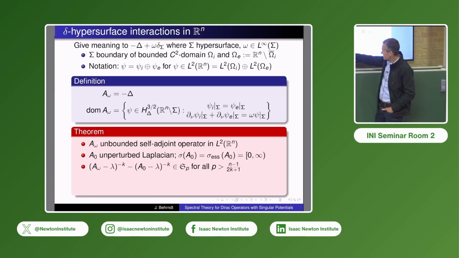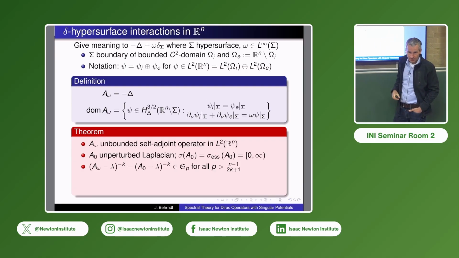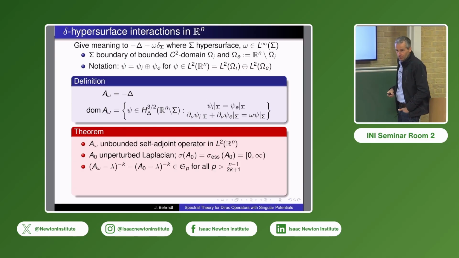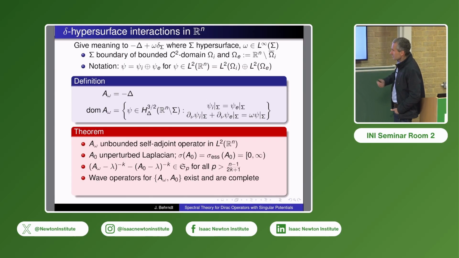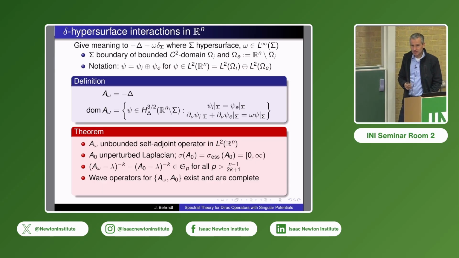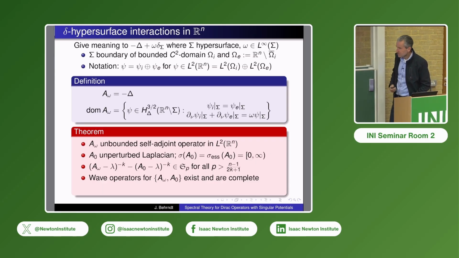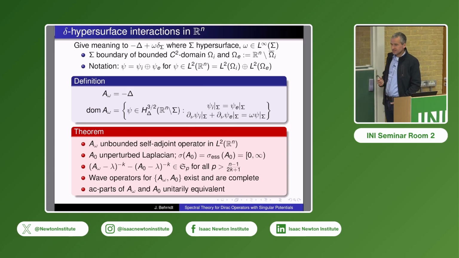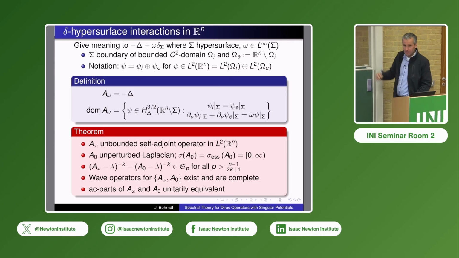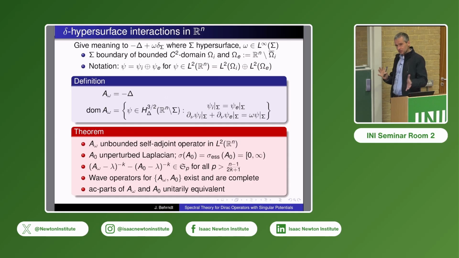So if k is sufficiently big, this is trace class, yeah? Or nuclear, as you wish. And this allows you, let's say, to perform a meaningful scattering theory in the sense that you have wave operators and AC parts of operators are equivalent and stuff like that. Which leads too far for this talk. So this was just a short intermezzo.